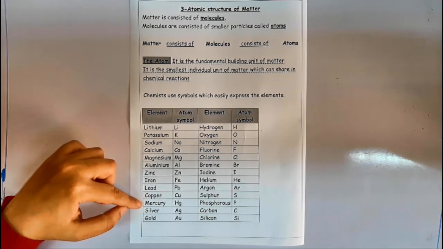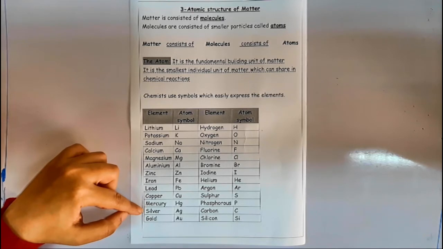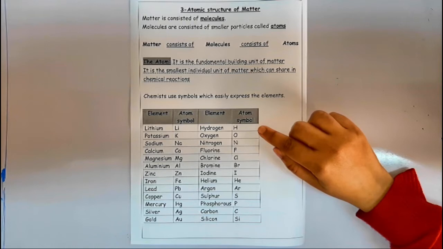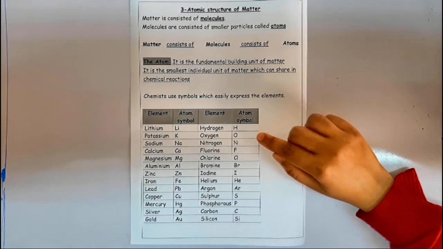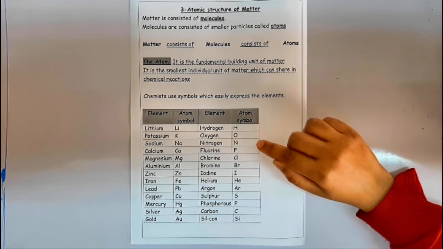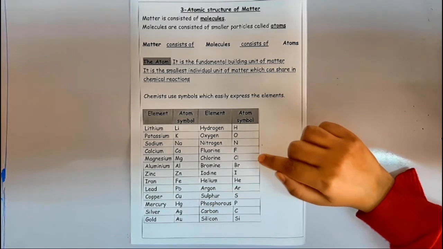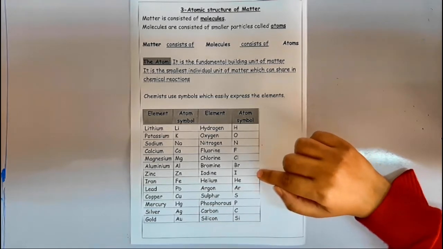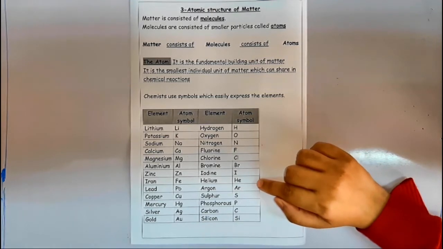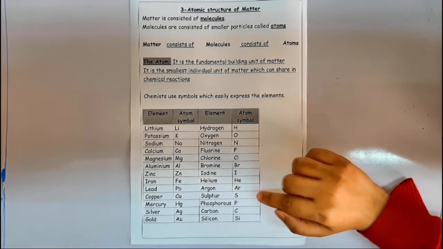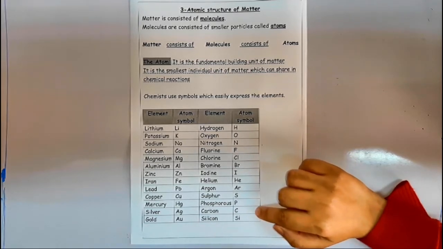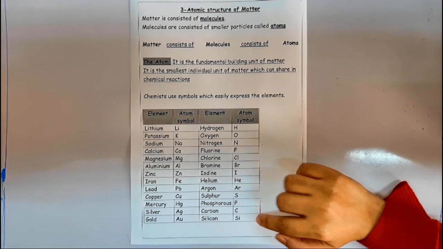Mercury, Hg. Silver, Ag. Gold, Au. Hydrogen, H. Oxygen, O. Nitrogen, N. Fluorine, F. Chlorine, Cl. Bromine, Br. Iodine, I. Helium, He. Argon, Ar. Sulfur, S. Phosphorus, P. Carbon, C. Silicon, Si.